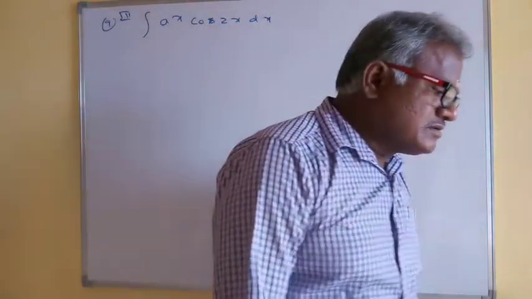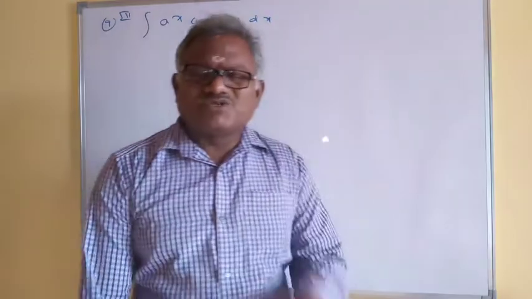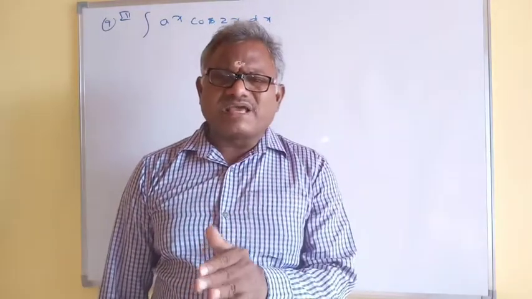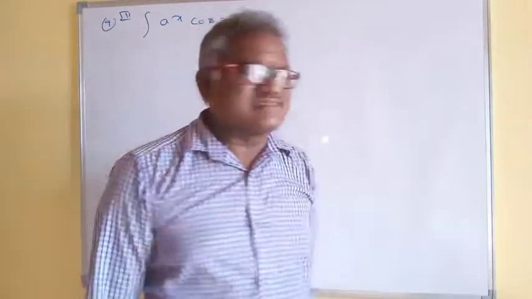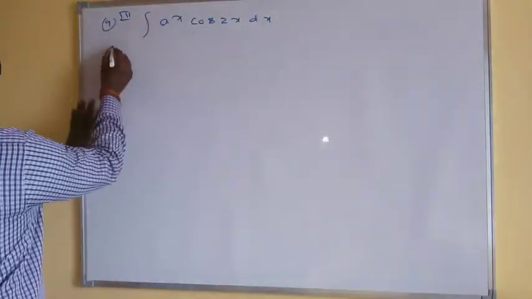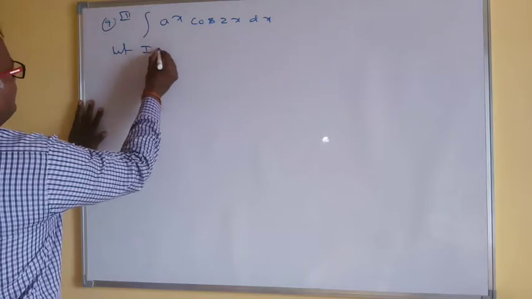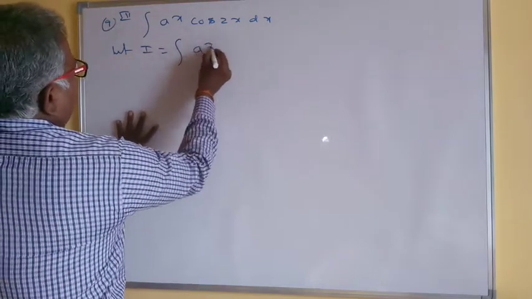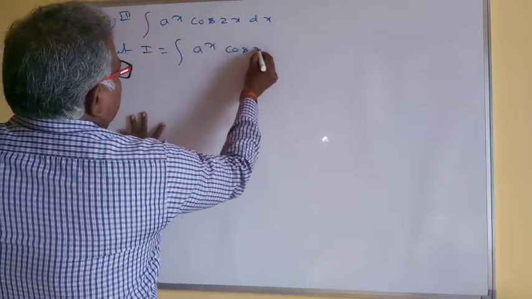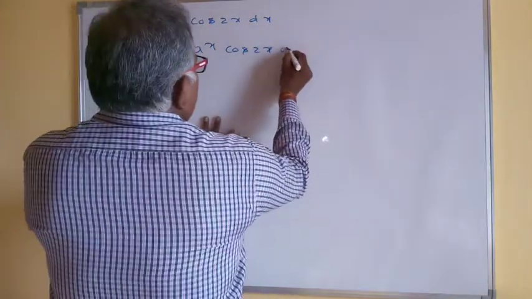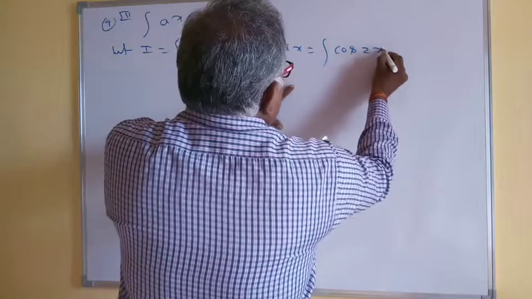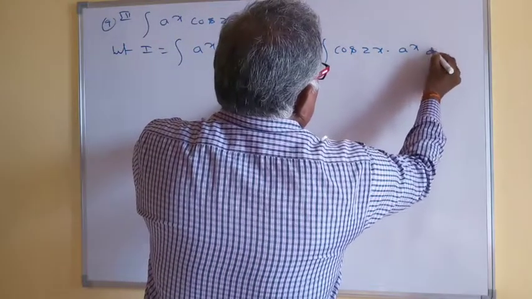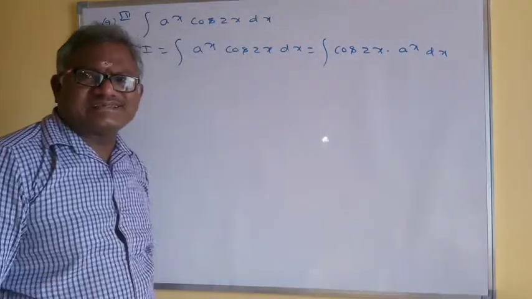So whenever exponential functions e power x and a power x appear, consider them as the second function always. So here let I is equal to integral of a power x into cos of 2x dx, but consider the trigonometric function as first function. So rewrite like this.